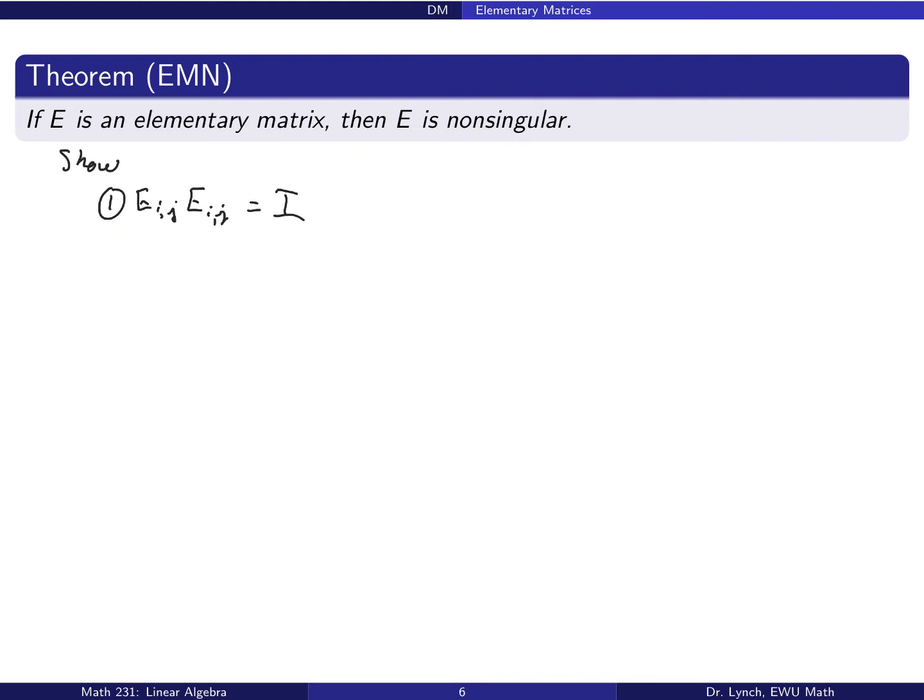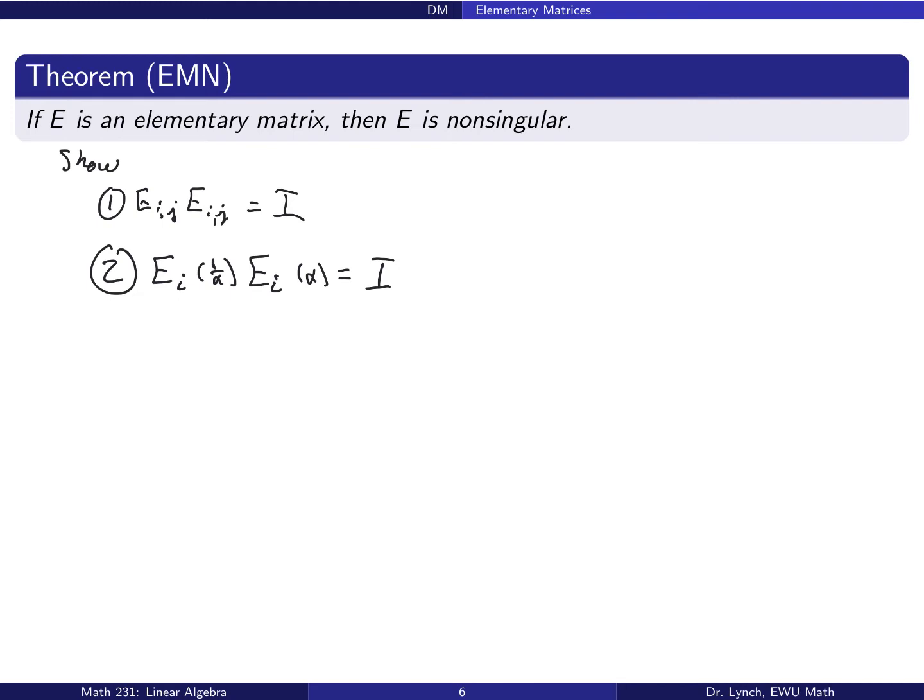It works similarly for multiplying a row by a constant. If I go through and multiply row I by a constant, and then I multiply row I by 1 over that constant, I get back the identity matrix. And there's a reversible operation for the action of multiplying row I by the constant alpha, adding it to row j, creating a new row j, and leaving row I alone as well.